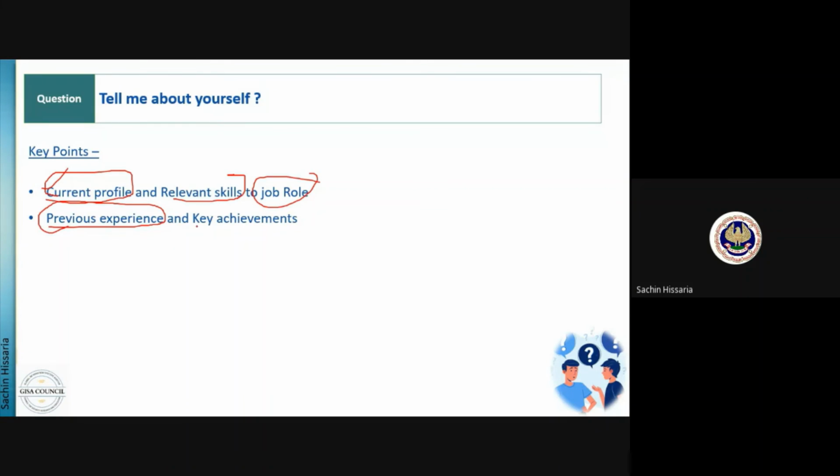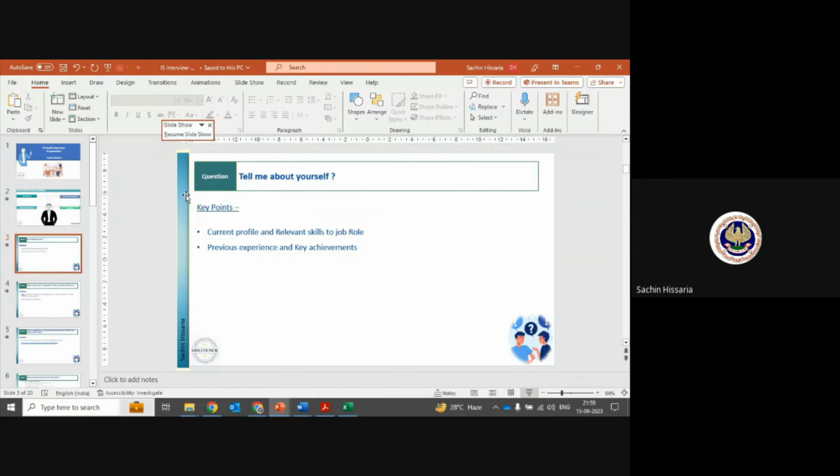And what are your key achievements? What is the one key thing that you have that other participants do not have, something strong that you feel is unique in you, not in the other participants. So try to include that in your answer.